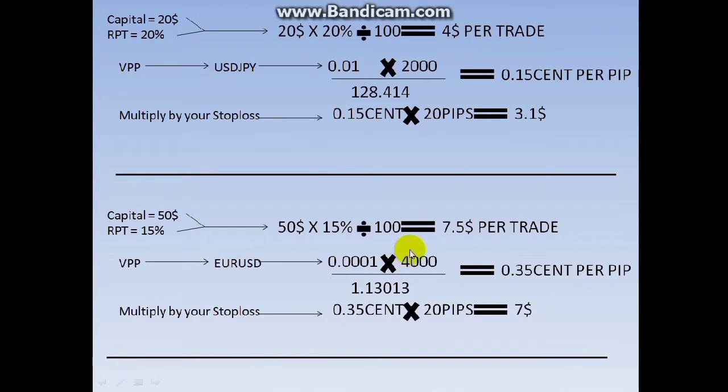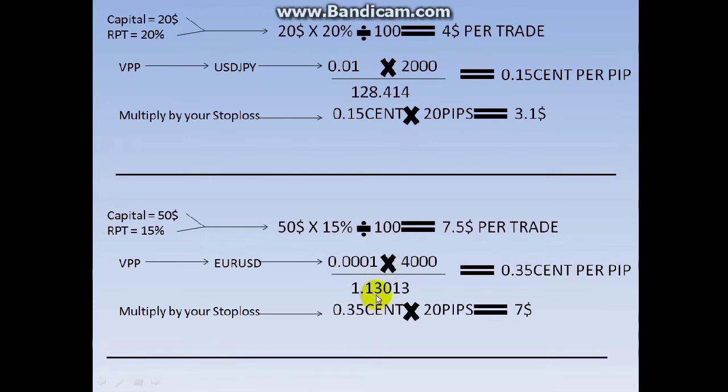Remember, that's a micro lot size, and each unit costs 1000, so 0.04 will give us 4000 units of the base currency, in this case 4000 units of euro. Then divide by the current market value, which will be the bid price on the current market chart of that particular day. This was just a random one.